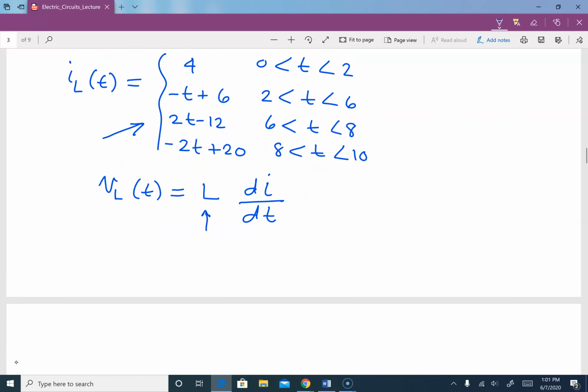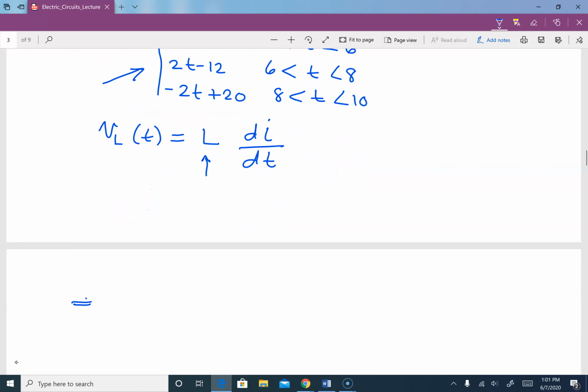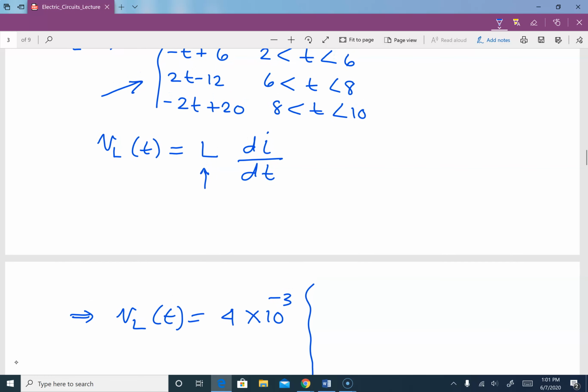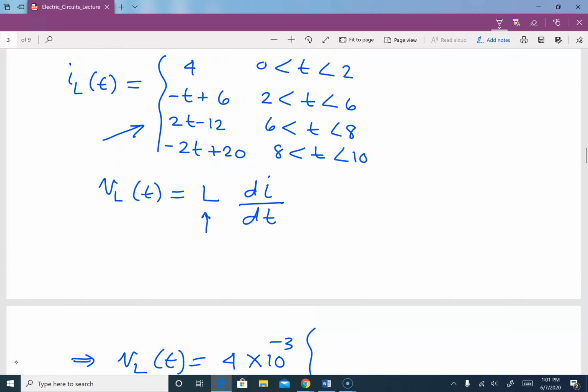So we can write VL of t is equal to 4 times 10 to negative 3, since the inductance is 4 millihenry, multiplied by the di over dt. For the first one, d of 4 over dt, that is a constant, so it is 0, and this is for t greater than 0 and less than 2.